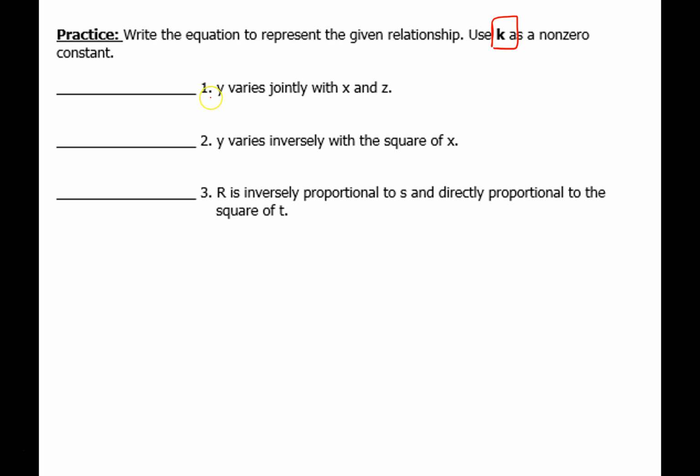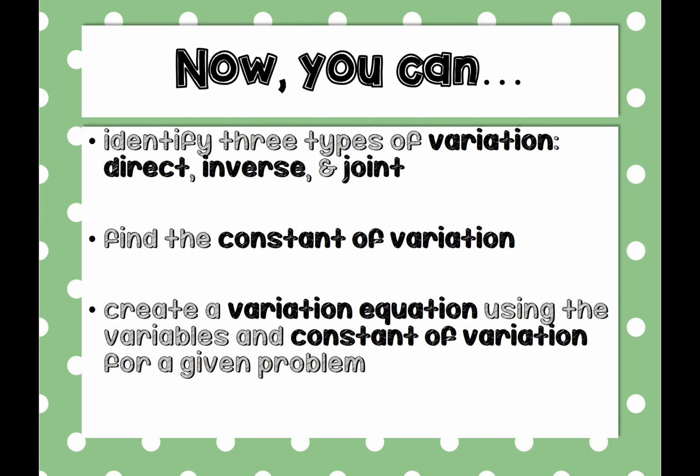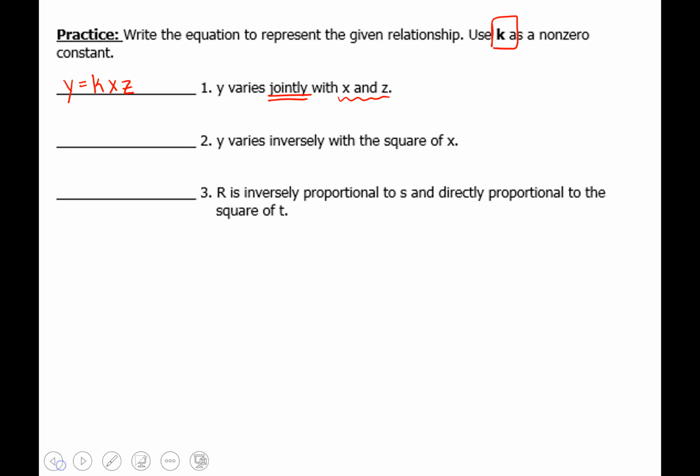All right, the first one says y varies jointly with x and z. So if this is a joint variation, that means I'm going to have y varying with a constant, which is going to be k, and then the product of our other variables, x and z. So y is equal to kxz. In the next one, it says y varies inversely, so we're going to have a fraction there, with the square of x.